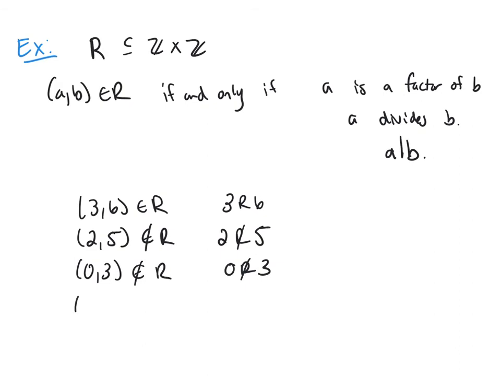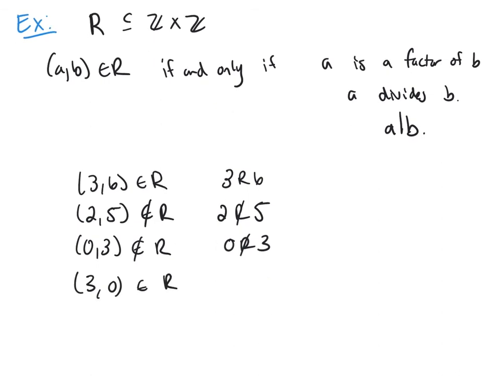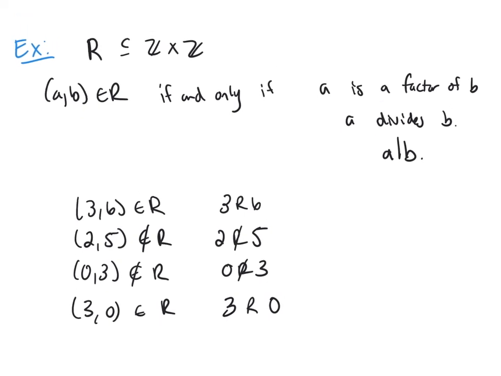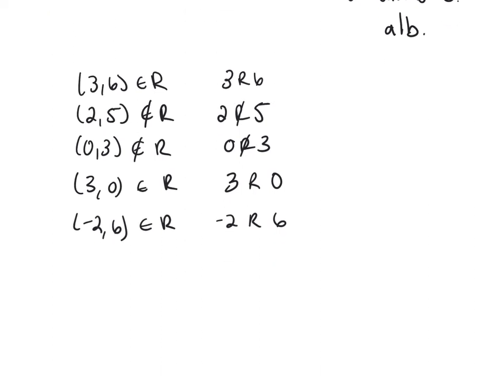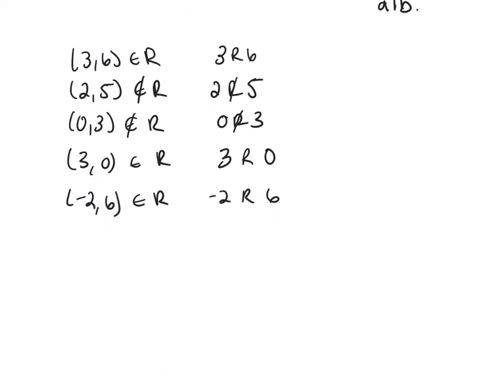But if I flipped it, 3 does divide 0, so 3 is related to 0. You can also look at negative numbers because we're talking about integers here. So for example, -2 is related to 6. So just a reminder what dividing means here.